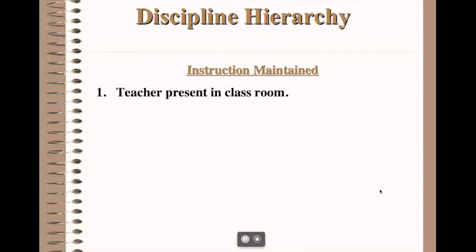The very easiest way to maintain discipline is you simply being there. A lot of initial classroom infractions, misbehaviors, are because you're out in the hallway and class hasn't begun yet, or you've had to leave the room, as you saw Mr. Grimes. But being present is an important part of a discipline hierarchy.